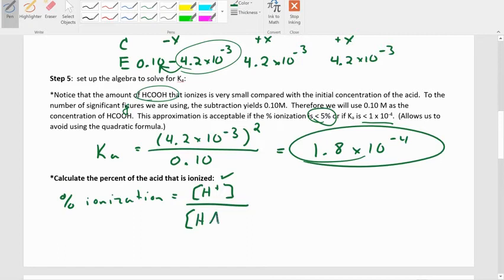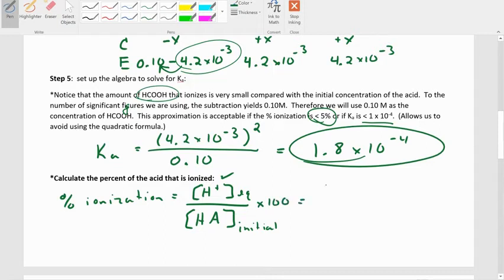And I'm going to go ahead and use HA as my acid. And this is going to be at equilibrium, and this is going to be initial. So in other words, we're just comparing how much H plus or proton the weak acid had given up. And then to get a percent, we're going to multiply that by 100.